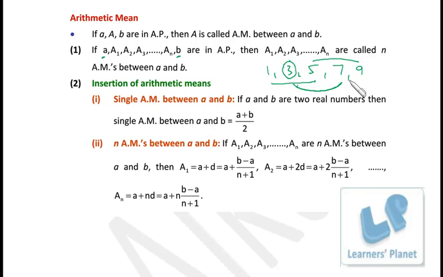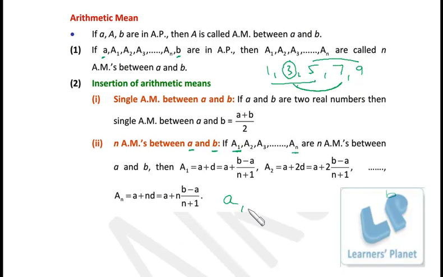Now how do we insert arithmetic means? If A and B are 2 real numbers, then the single arithmetic mean between A and B is A plus B by 2. But suppose we want to insert more arithmetic means, say A1, A2, up to n arithmetic means between A and B. Suppose this is A here and this is B here.